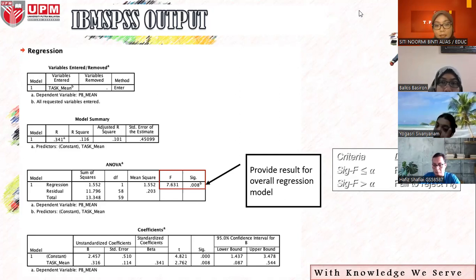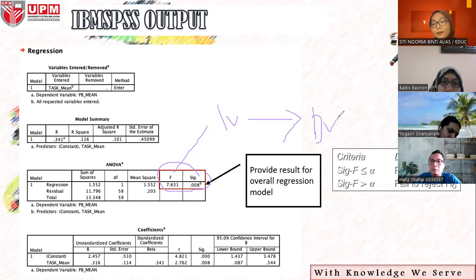model fits the data. What does it mean if, let's say, we conclude that our regression model fits the data? What does it mean? It means that our IV significantly influence DV.